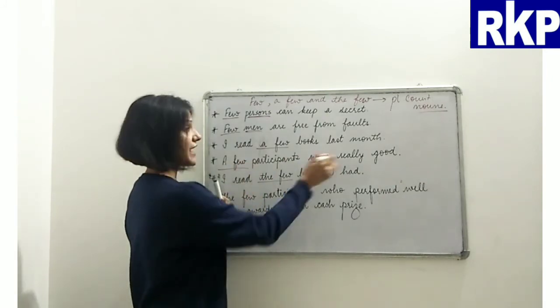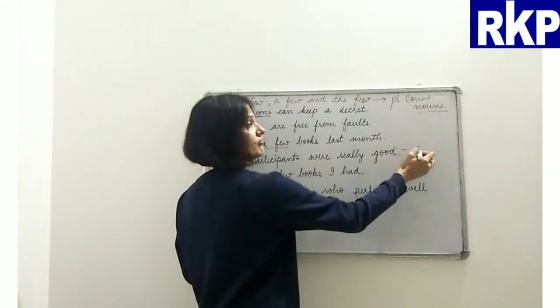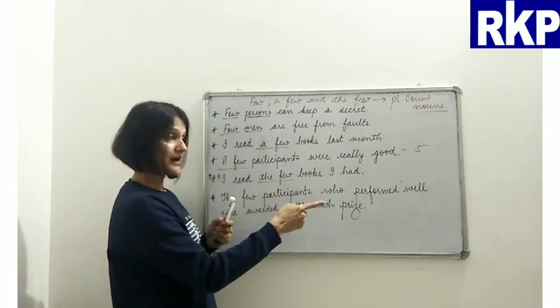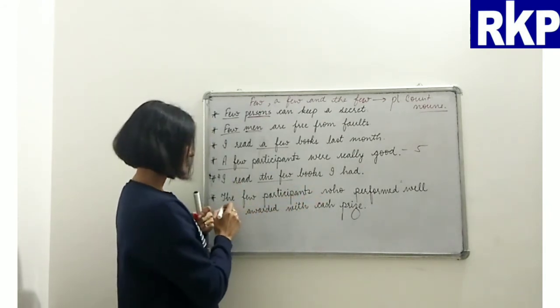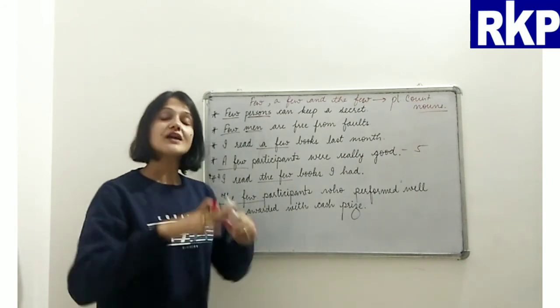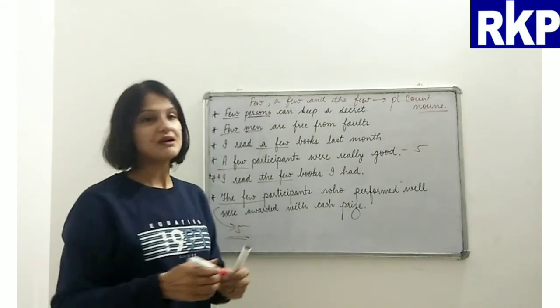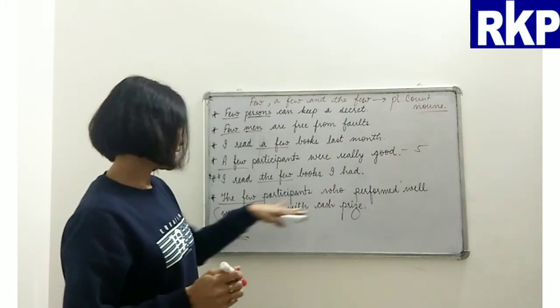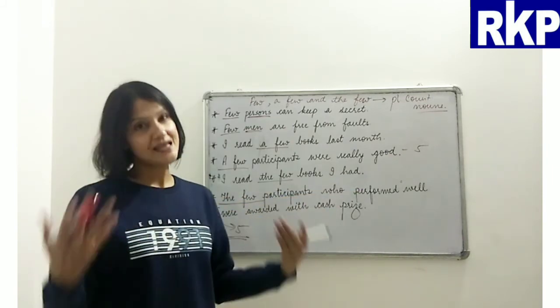Suppose here I was talking about 5 participants. Now if I say the few participants who performed well, that means the few is 5, whatever number was there. So the few participants who performed well were awarded with cash prize.